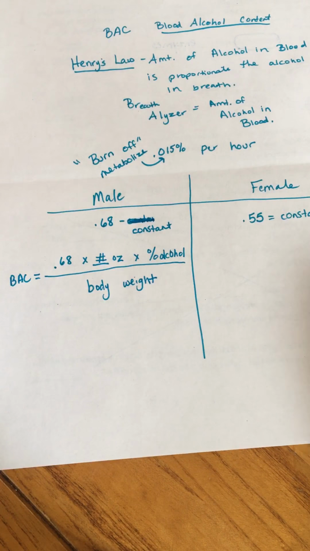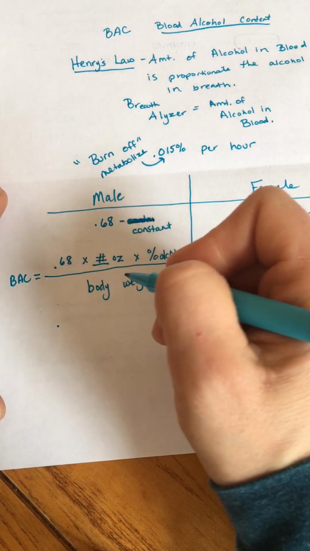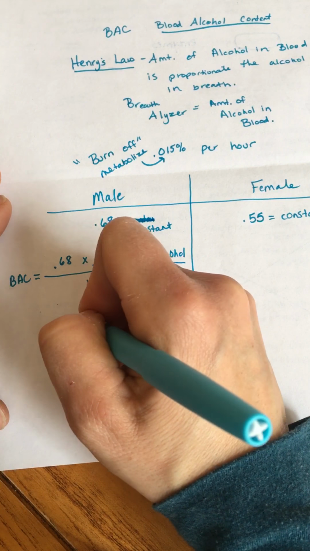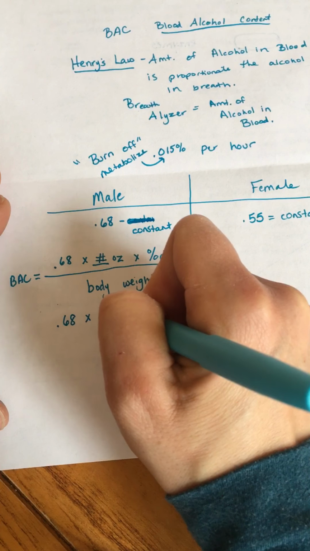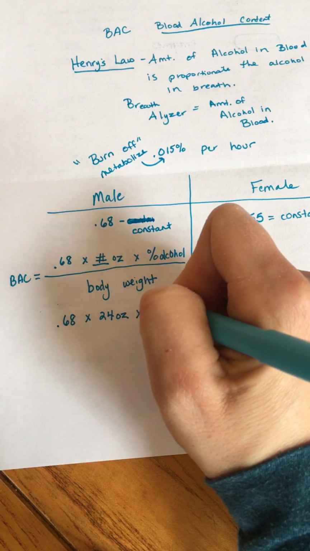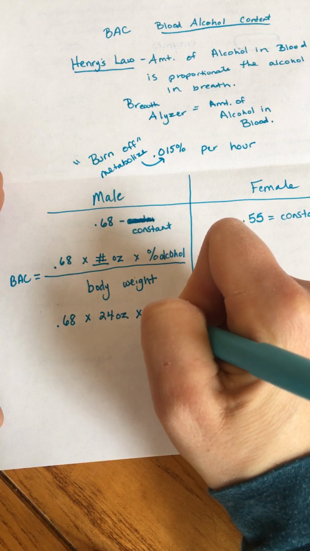All right. So let's go ahead and do that. Let's take a 24-ounce drink. Let's take 2 beers. Okay, so 0.68 times 24 ounces, 2 12-ounce drinks, times a normal percent alcohol for a beer.